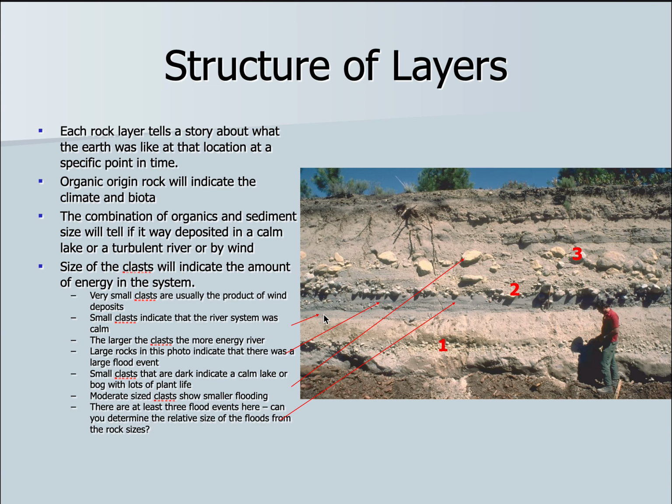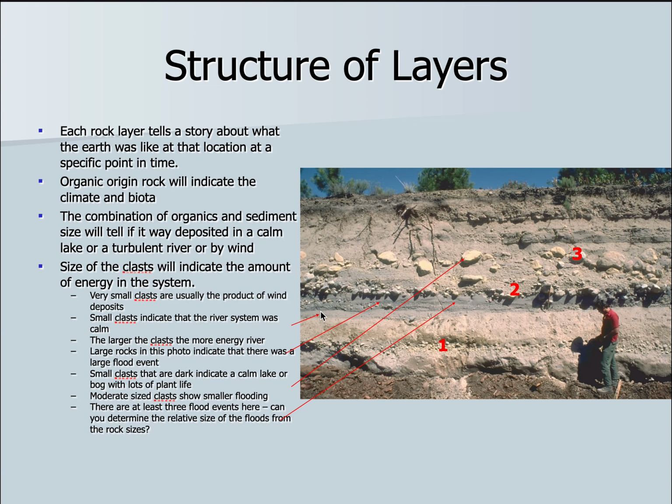In this image right here, you can see that this little layer is pretty fine, and the particle size is really small. That means the river or the wind that was flowing through here was pretty gentle. It couldn't pick up bigger stuff. It may have taken hundreds and hundreds of years, thousands of years in fact, to lay down this little layer here.